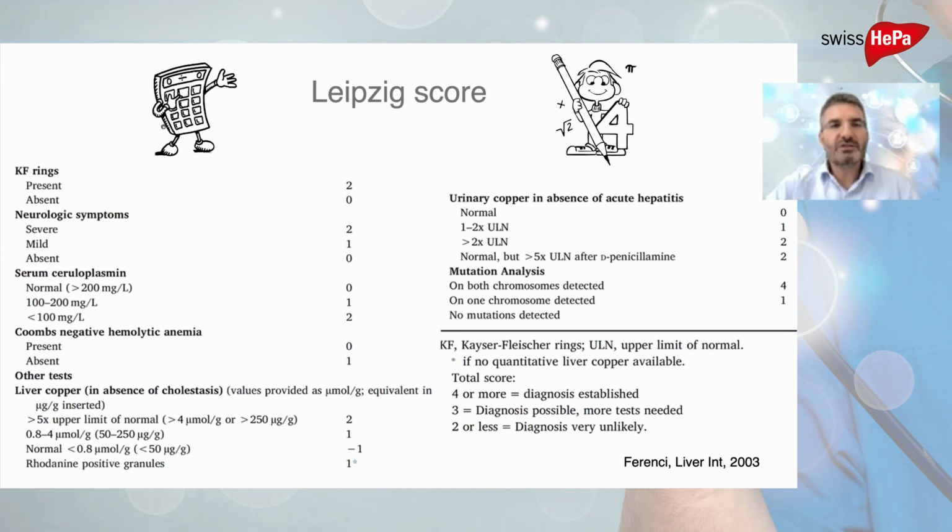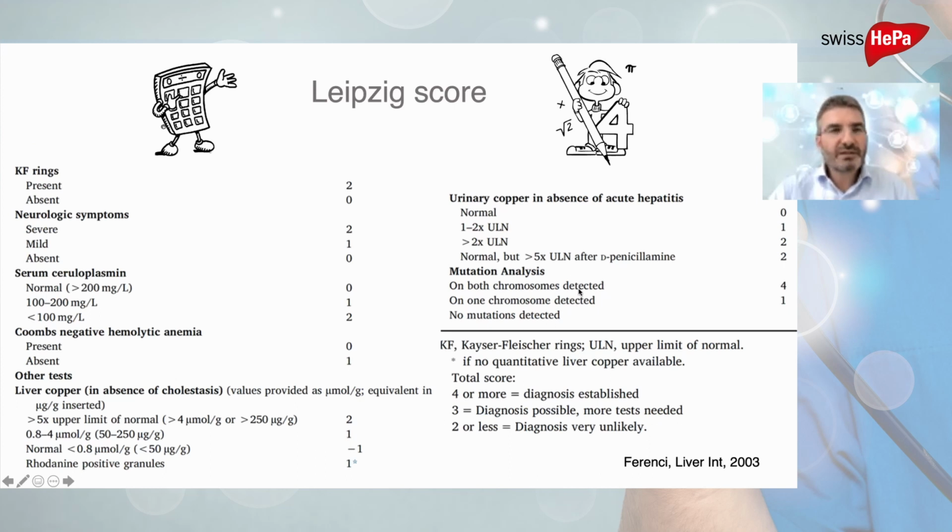And we have here a so-called Leipzig score, and this is used to evaluate or assess the probability of having Wilson's disease. It takes into account the presence of Kaiser-Fleischer rings, the presence of neurological symptoms, the quantity of ceruloplasmin in the serum, the presence of anemia, the liver copper, as I was mentioning before, the urinary copper, and there is also the possibility of a mutation analysis.